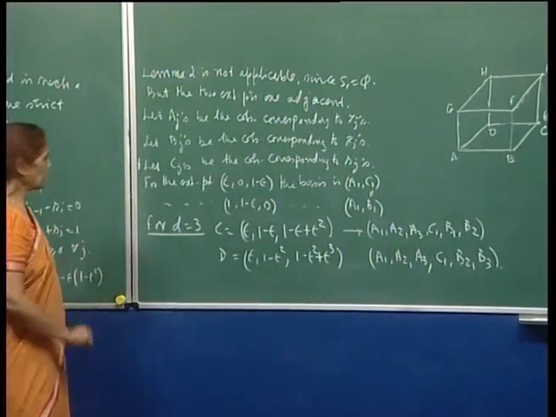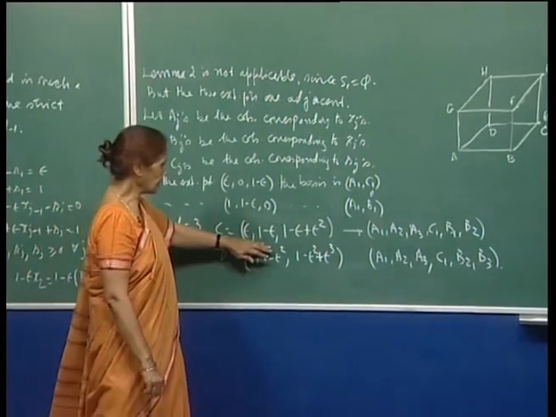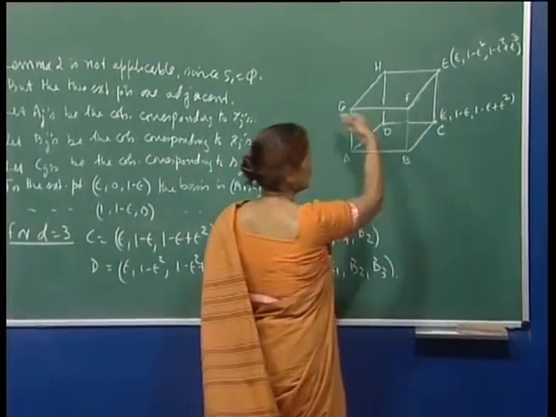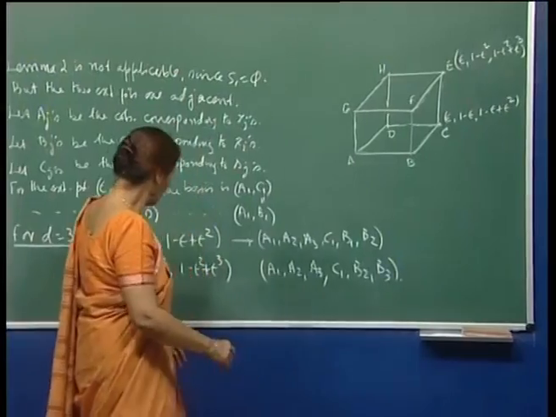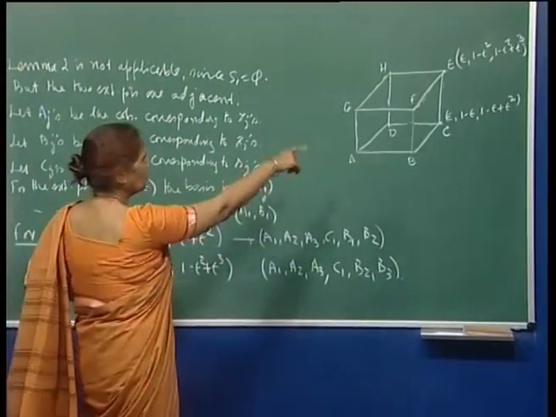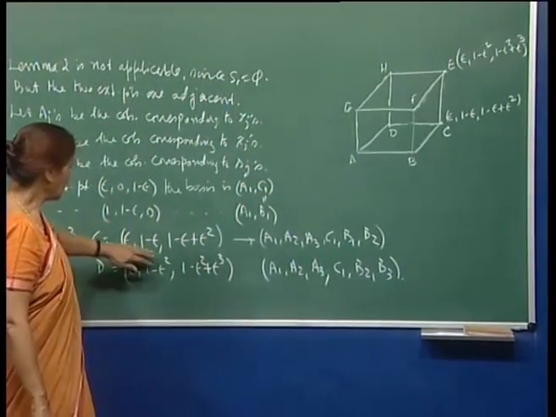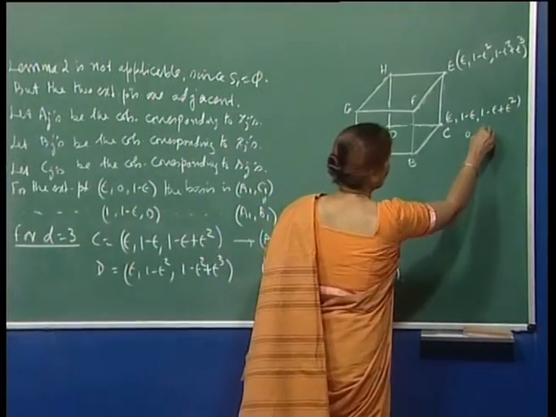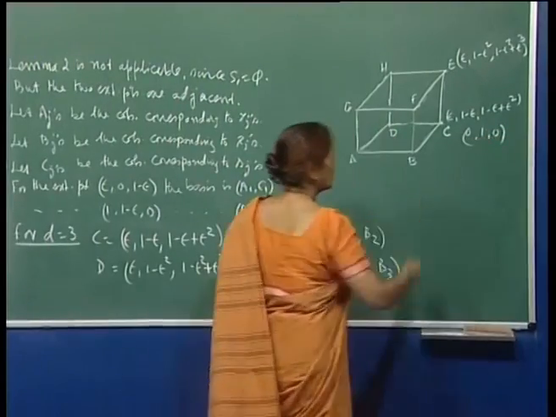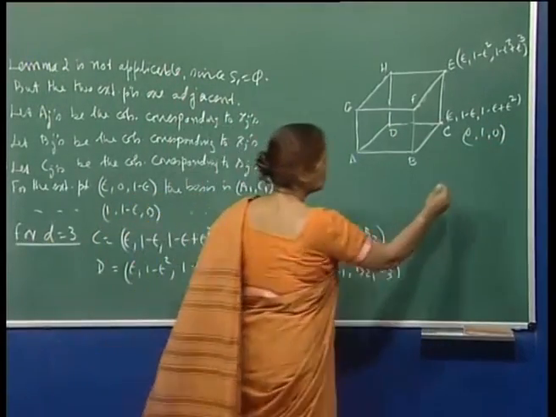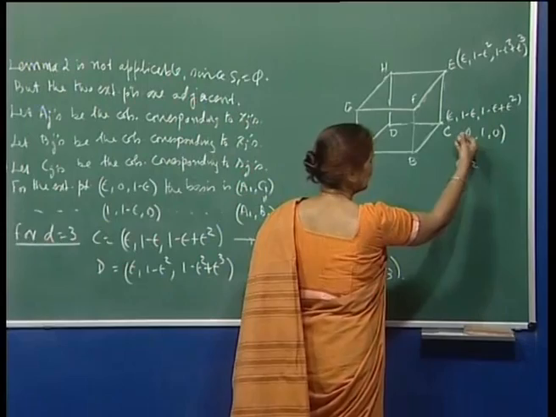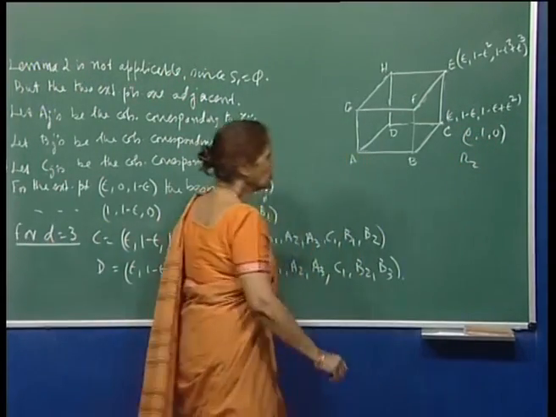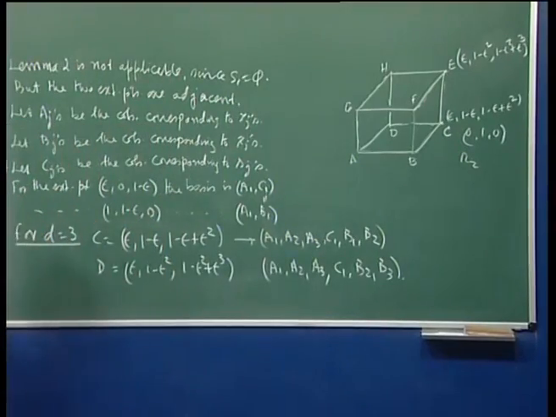Now, for D equal to 3, I just picked up these 2 extreme points, and you can then verify the theorem for other points also. So, here for example, the point C is epsilon, 1 minus epsilon, and you know that this point is actually 0 1 0. So, I will take R2 to be in the basis, the corresponding set S I will take as 0 1 0. So, then R2 is in the basis and R1 and R3 are 0.